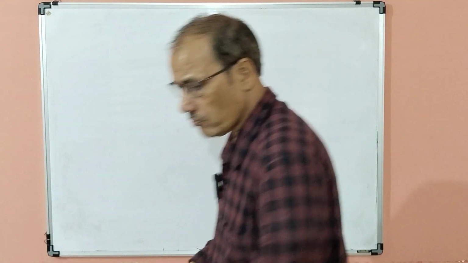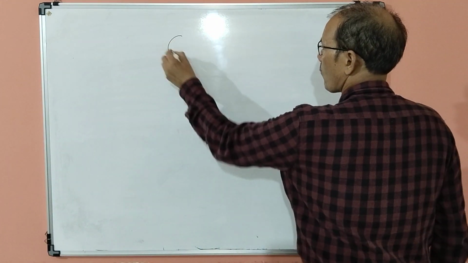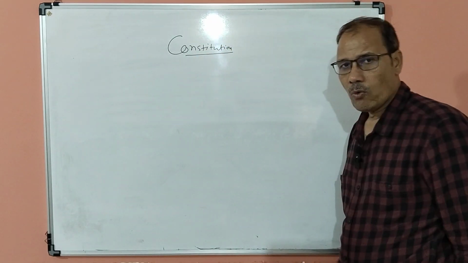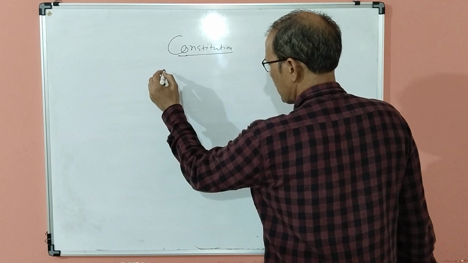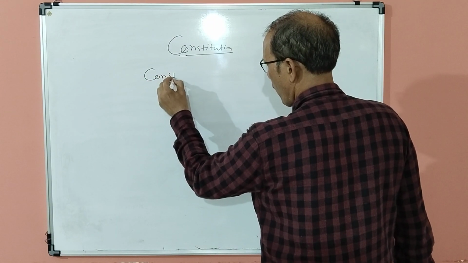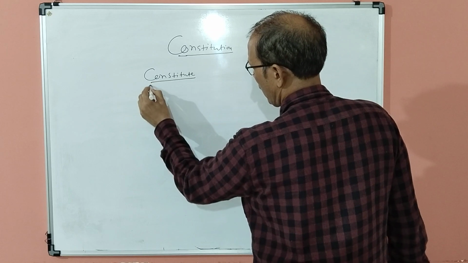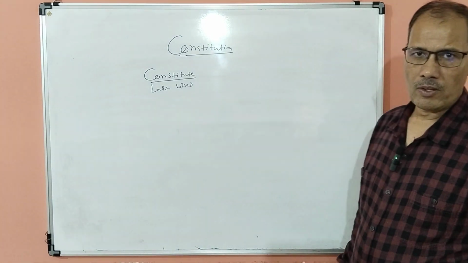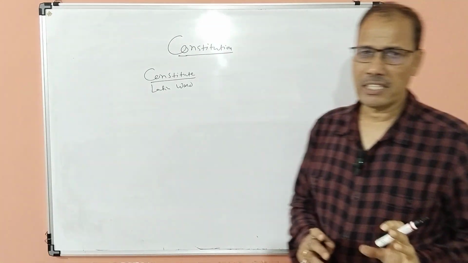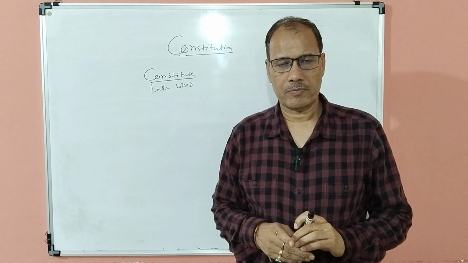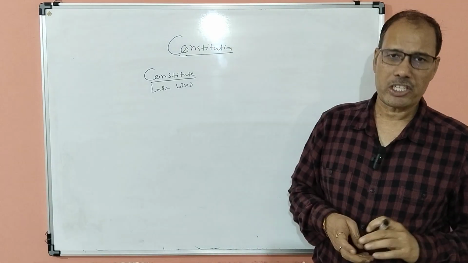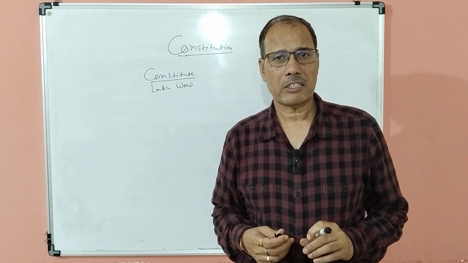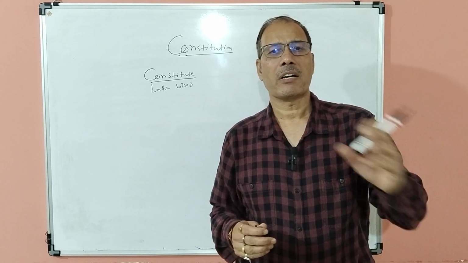Constitution, a word, is basically derived from constitute. This is a Latin word. Constitute जो है वो एक लैटिन वर्ड है. लैटिन आप जानते हैं, जो लैटिन टेरिटरीज थे वहां से ये लैटिन भाषा आई है, जैसे हमारे यहाँ प्राकृत भाषा है, Prakrit language that was prevalent and practiced in Magadha territory.